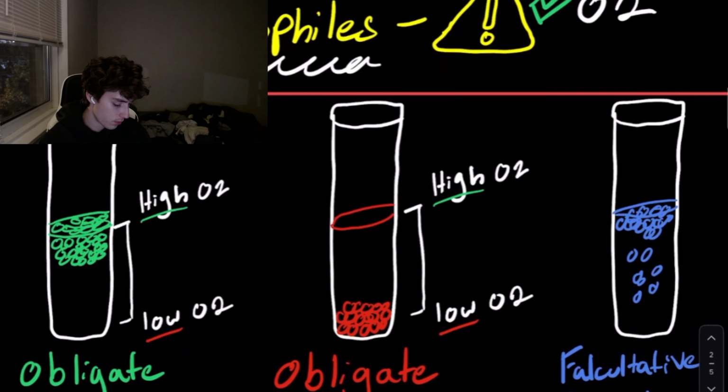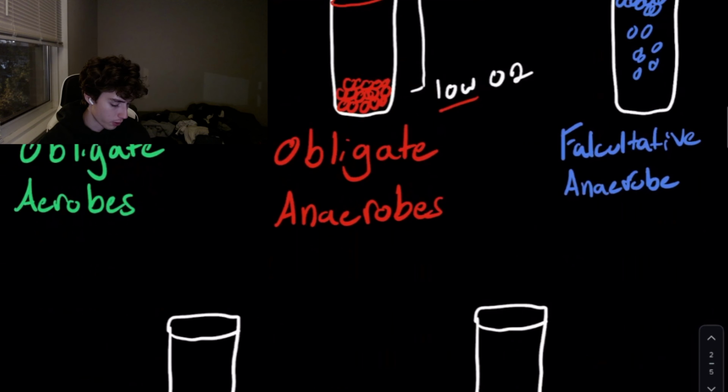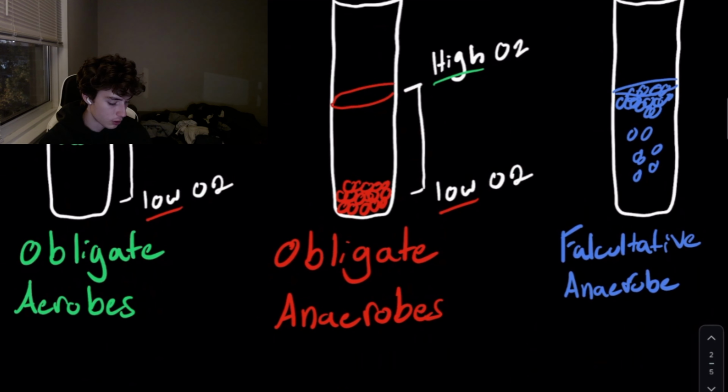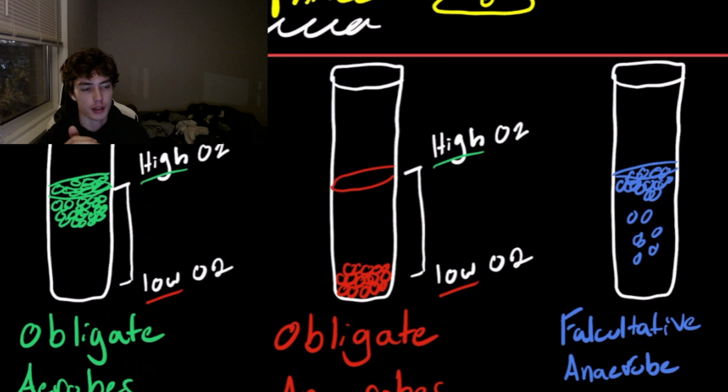What I have here, I'm sure you've seen before, are test tubes. Obligate aerobes, you can see, are growing at the top of the test tube because there's a higher concentration of oxygen towards the top. They're going to grow there and stay there.